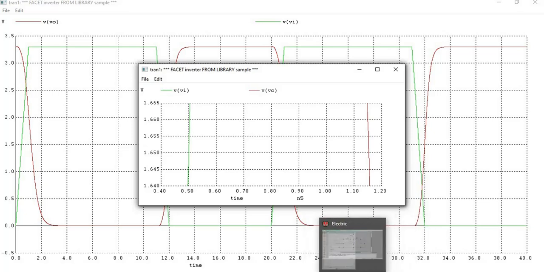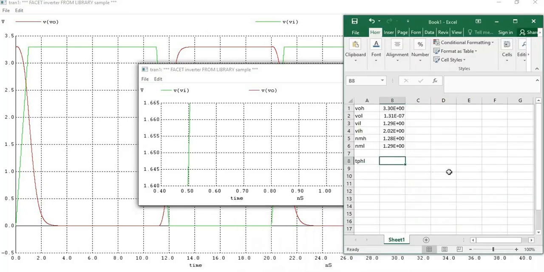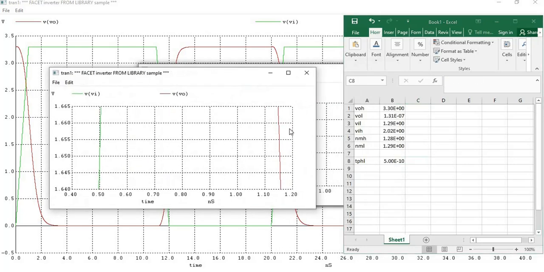So from the Excel file, 0.5 e to the -9, and the output is around 1.1, 1.2. At 1.65, around the middle, you can just type in approximately 1.15 e to the -9, 1.15 nano.